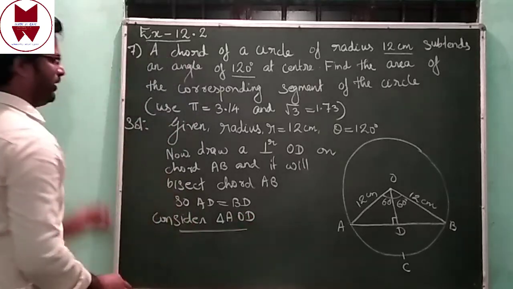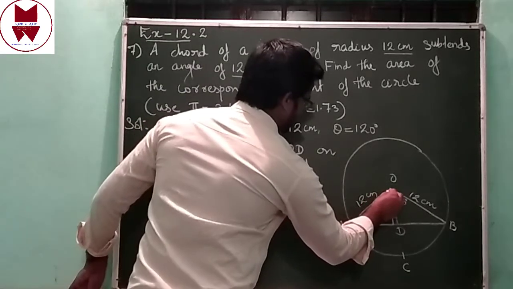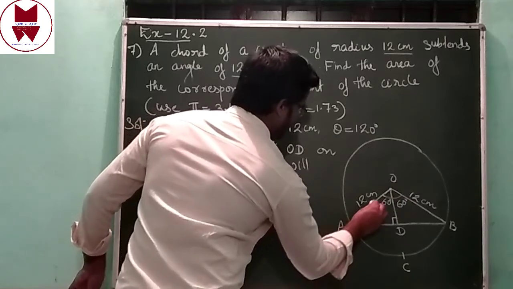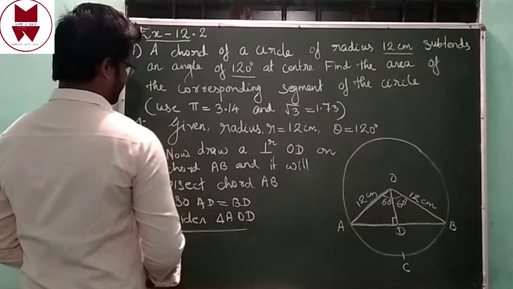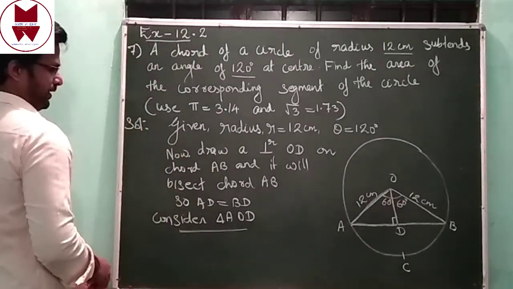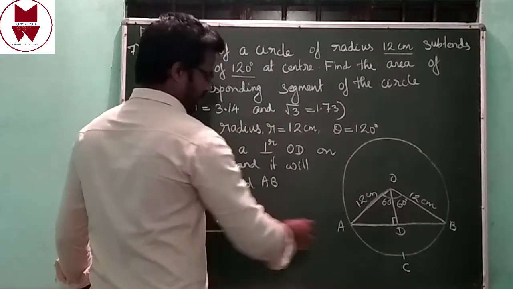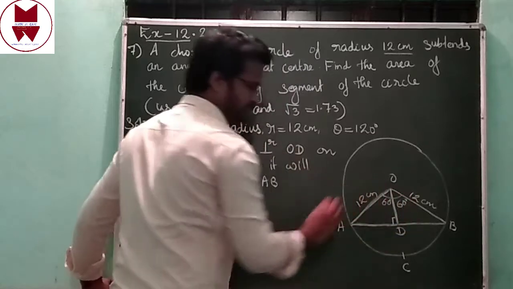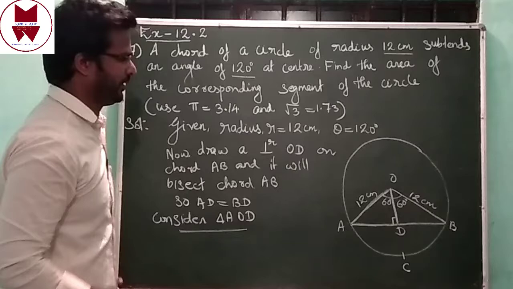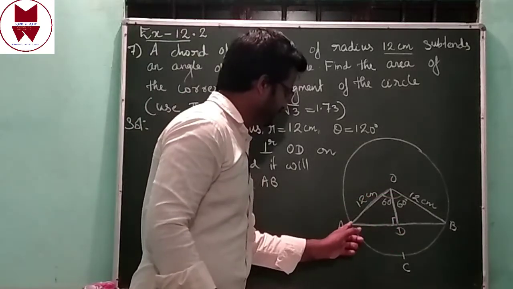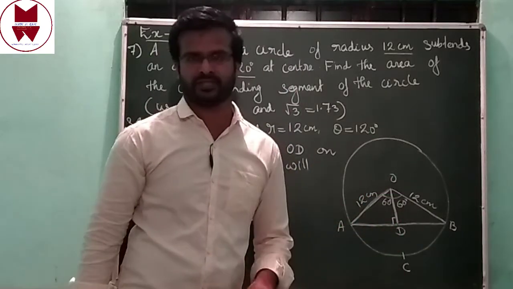We don't know anything. How much is this height OD, we don't know. This AD also we don't know. We have to find out OD and AD in this triangle.